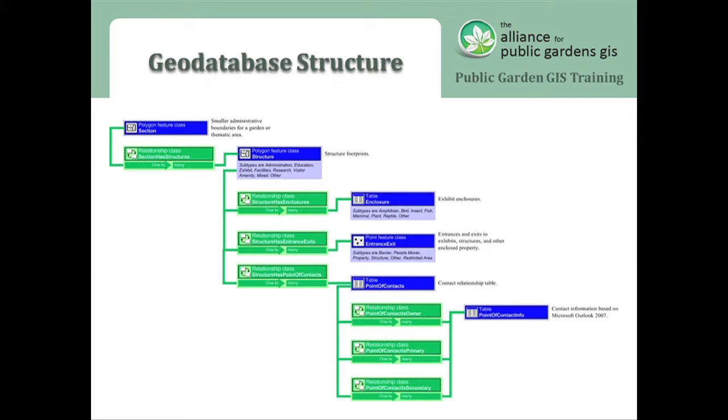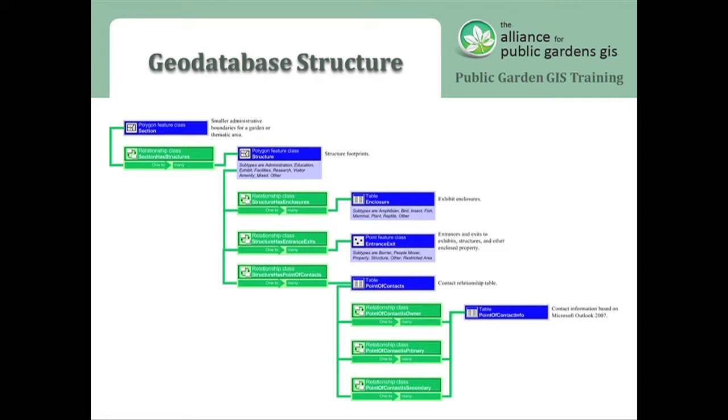We have a Mediterranean climate part of our garden. That's another section. We have an Australian section that's just Australian plants. Most gardens have these types of things, and I'm sure that you have some of your own. You can use this feature class to delineate those section boundaries at your garden.